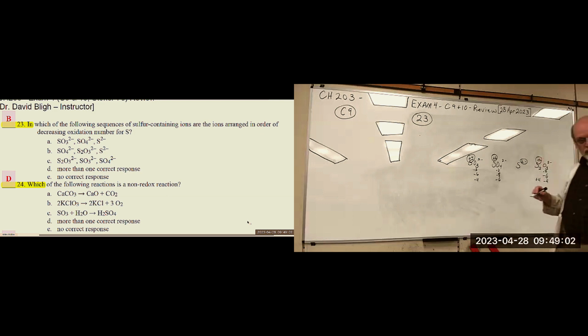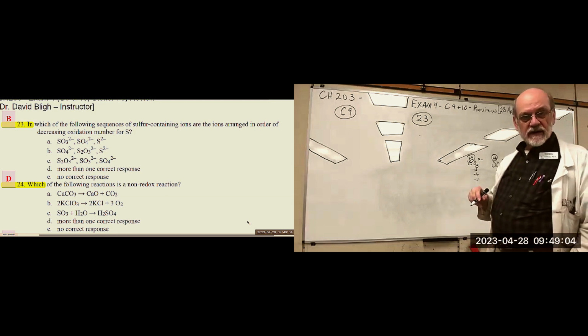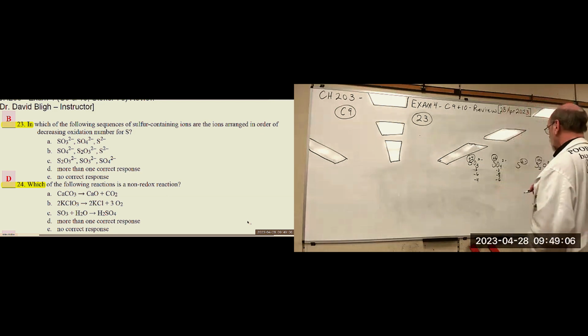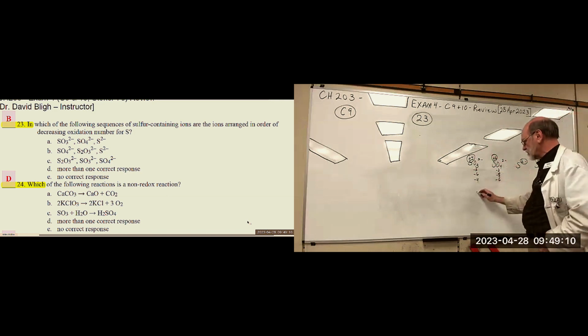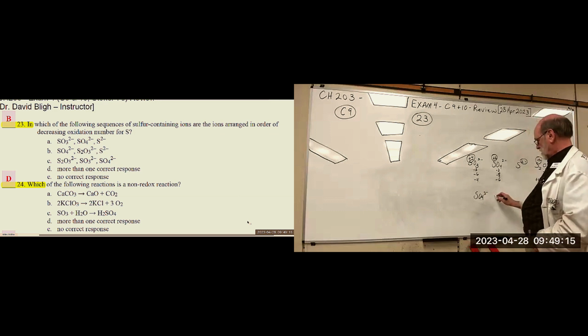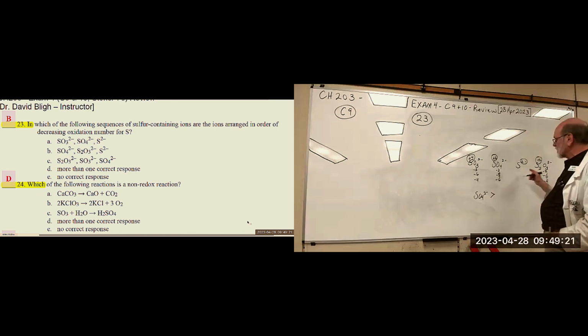Okay. So we want to put them in order of decreasing oxidation number. So what's the biggest one on here? This one. So this one's first. And then the next one, smallest one, is this one.